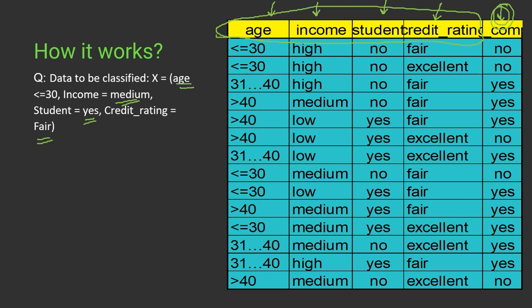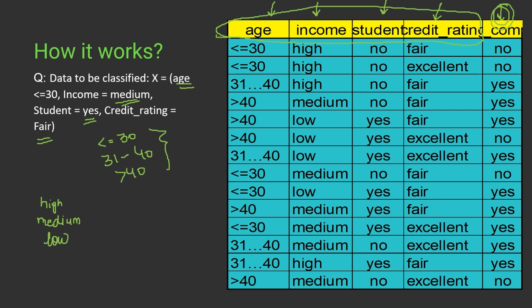In case of age, we have three different values, that is less than or equal to 30, 31 to 40, and then greater than 40. These are the three different values we have in case of age. And in case of income, again we have three classes: high, medium, and low.